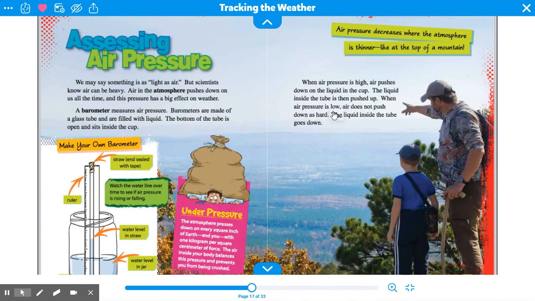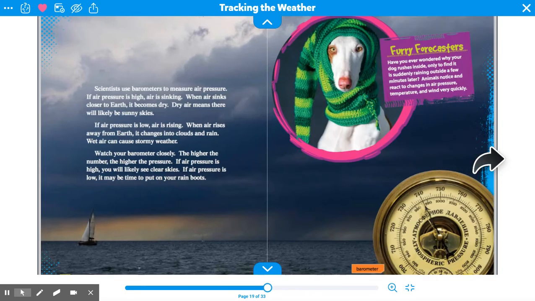When the air pressure is low, the air does not push down as hard, so the liquid inside the tube goes down. Here this is using a ruler and a straw, and you can see that with your own model there. And then here's what a barometer looks like. That's measuring the air pressure.